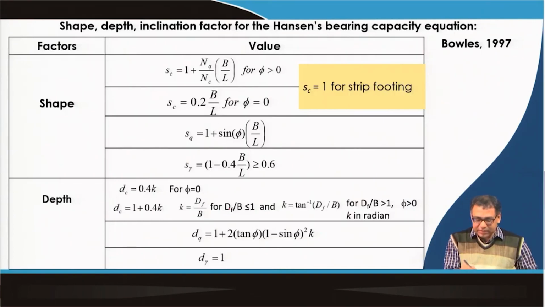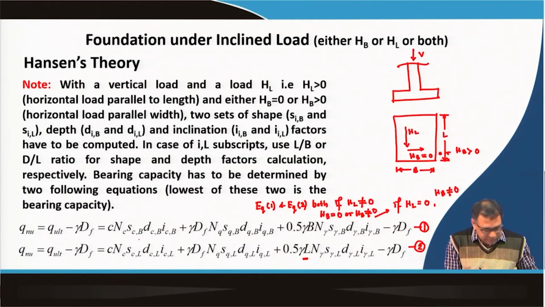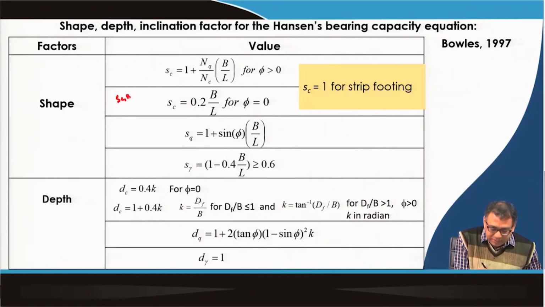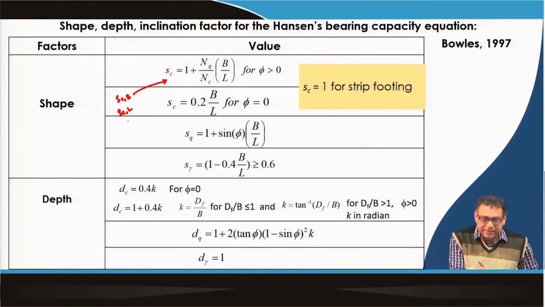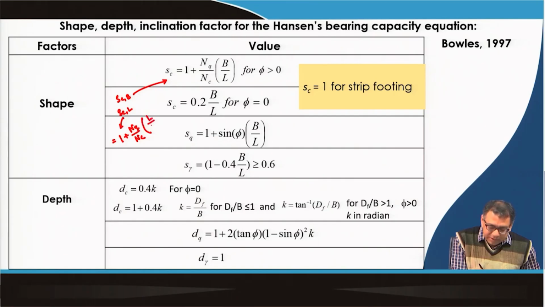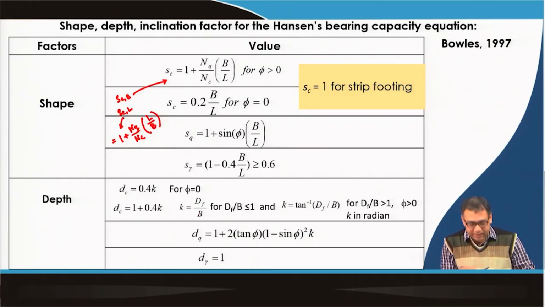Another modification, so that means these are the factors I am talking about. Now, when you calculate the S C B, then you use B. If you calculate S C L, then S C B means this equation, and if you use the S C L, then you have to use 1 plus N Q by N C times L by B, for S C L. Similarly, d F by B also you have to replace by d F by L in calculation of D C L, or D Q L, like this.